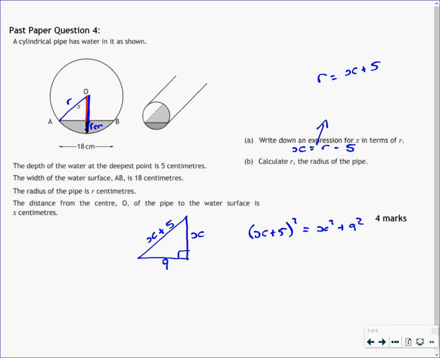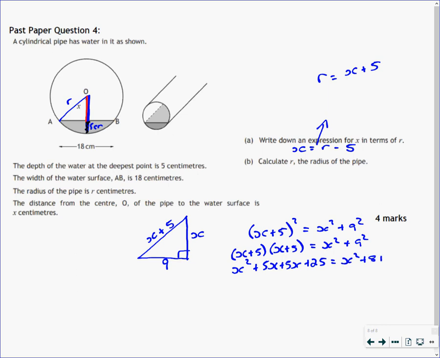So I can actually make a quadratic equation out of this. So expand my brackets, so it gives me X plus 5 times X plus 5 is equal to X squared plus 9 squared. So that will be X squared plus 5X plus 5X plus 25 is equal to X squared plus, and that would just be 81.